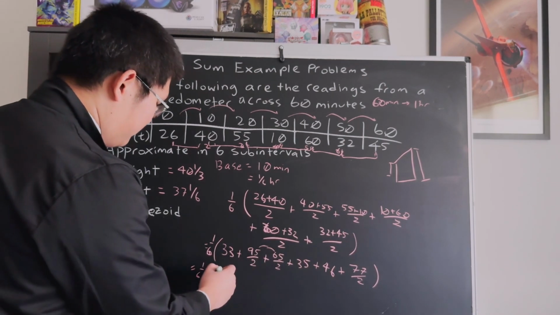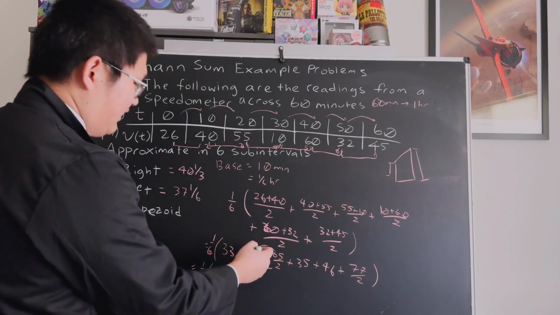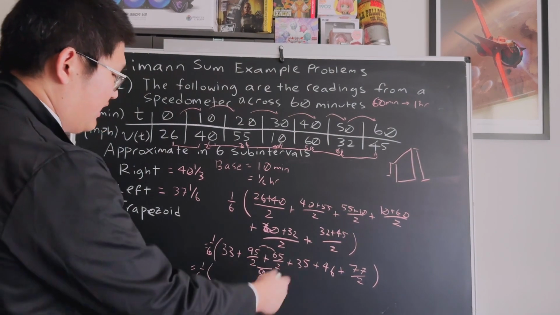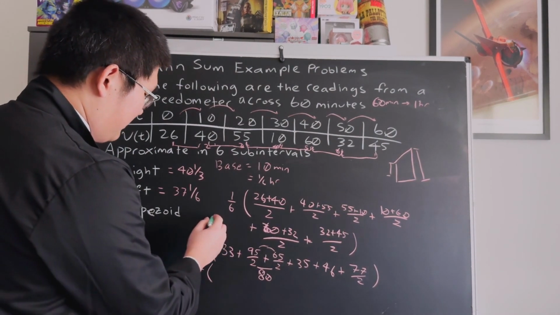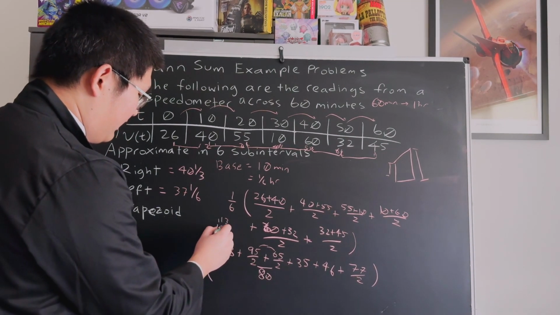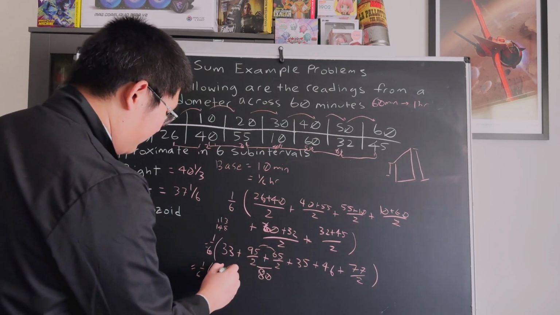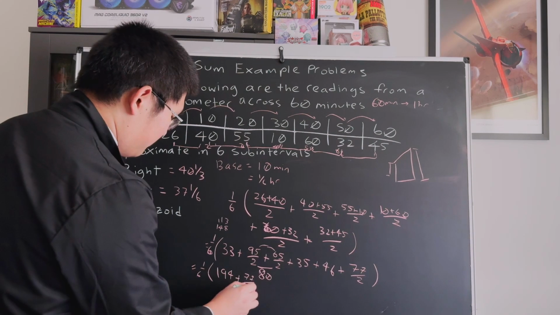Dividing that by 2, 160 divided by 2 makes it a whole 80. So then we can combine it with everything else here. So 33 and 80 makes it 113. Adding another 35 makes it 148. And then lastly, a 46 will then leave us at 194, adding with the 77 over 2.